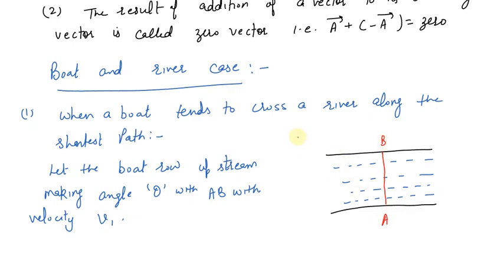Let the boat is moving with velocity V1, making angle theta with AB.